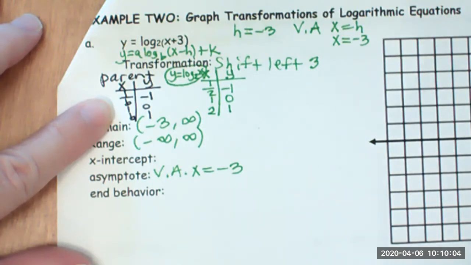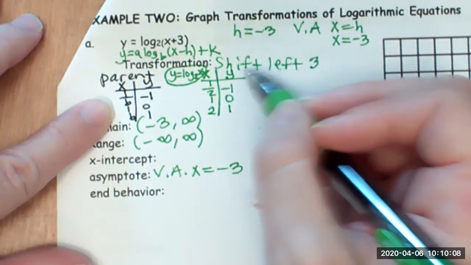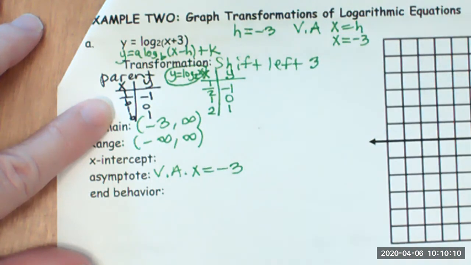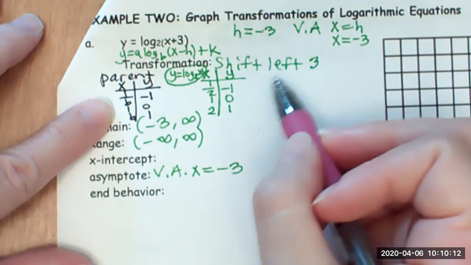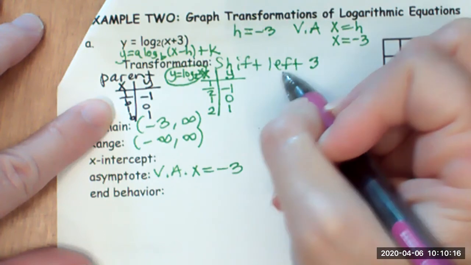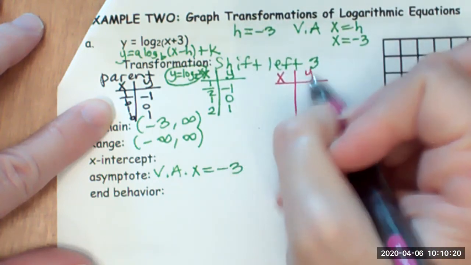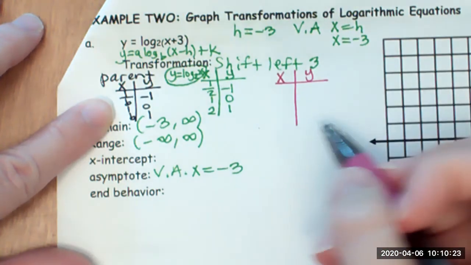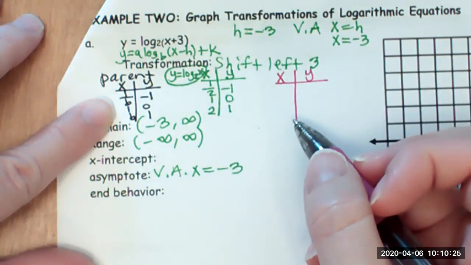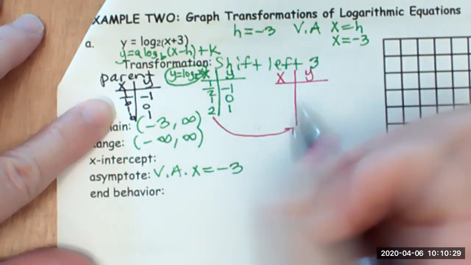And we'll now change this because we're shifting left 3. I'll put that actual graph that we're going to do in pink. We're going to shift left 3, which means, as you know, we're going to subtract 3 from the x values of the parent.